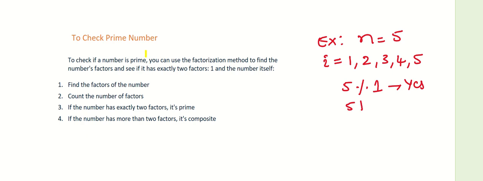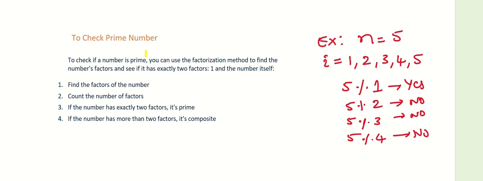And 5 % 2, divisible by 2 or not? No. So like that we'll divide the given number by all the numbers from 1 to that number and check how many factors are there. 5 % 4 is also no.